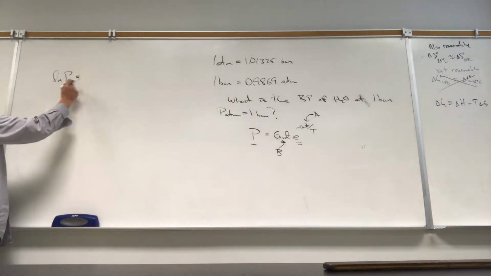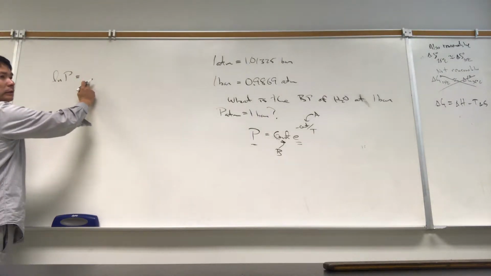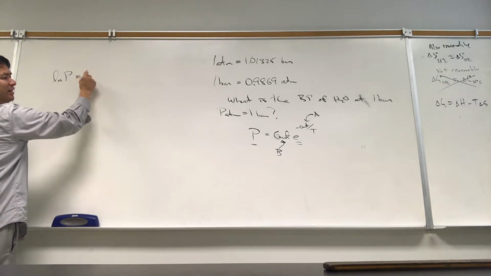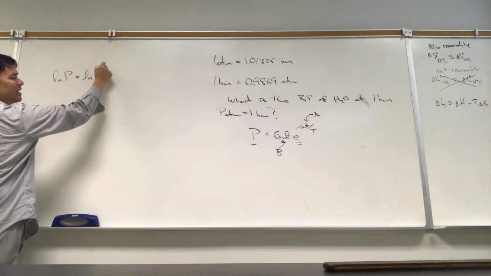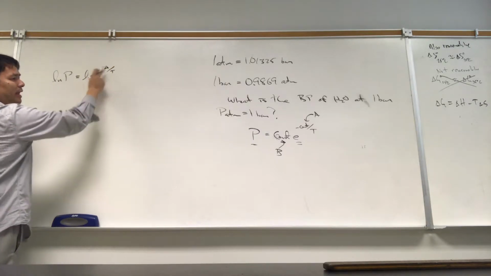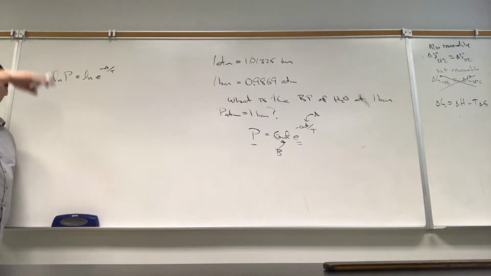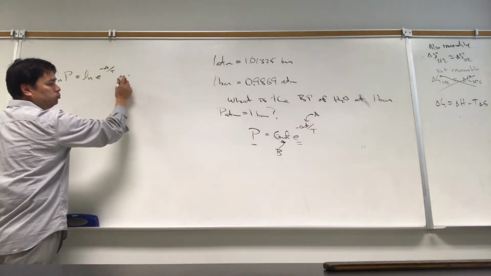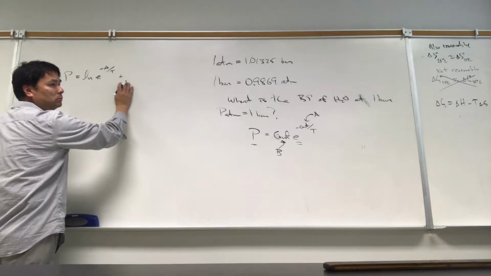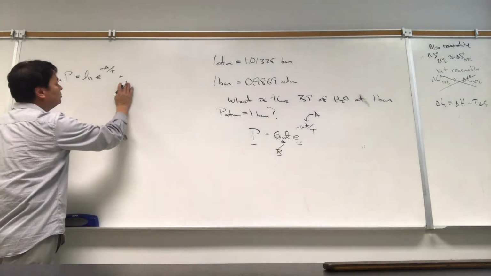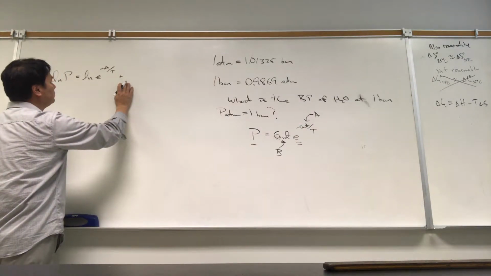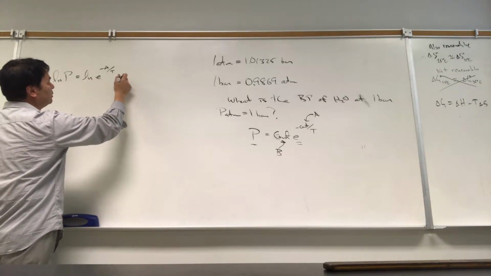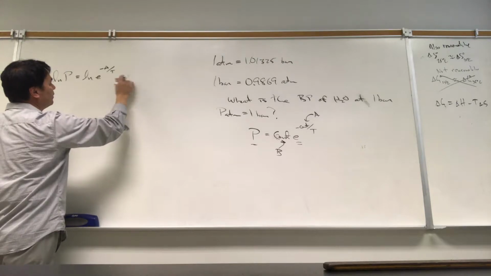And so I get ln of P is equal to ln of e to the minus A over T. And A and B come from fitting the curve. Plus, actually, since this is multiplication, we'll just do another constant.